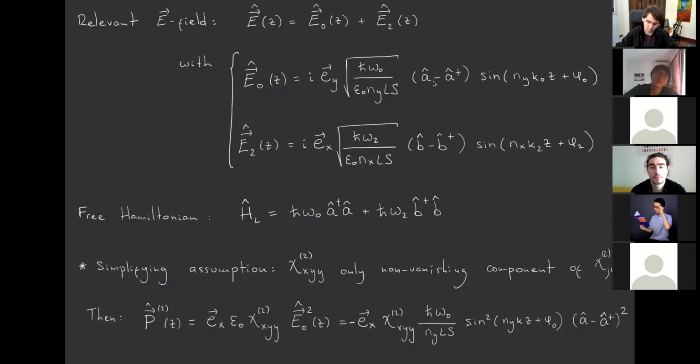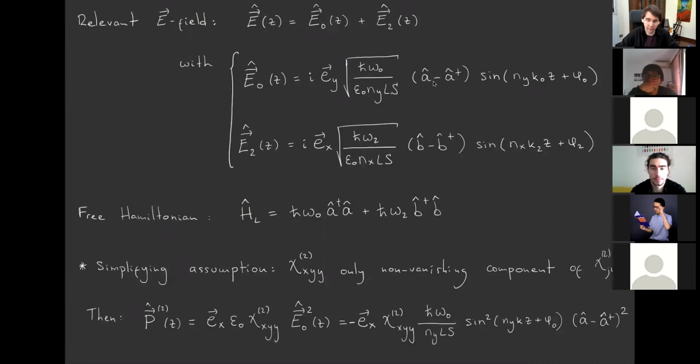What we saw as well is that, if we focus on these two modes, the free Hamiltonian of the system, in the absence of any interaction, is just the free harmonic oscillator motion of the a and b modes.